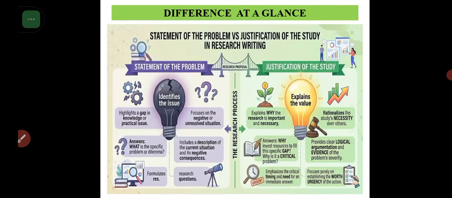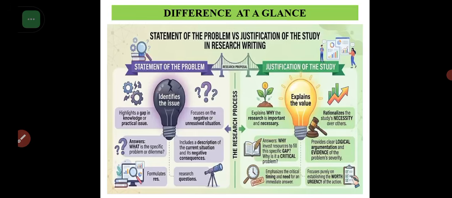So let's look at this at a glance. Statement of the problem highlights a gap in knowledge or a practical issue. It answers the question what. And through the statement of the problem, you can formulate research questions. It focuses on the negative or unresolved situations.